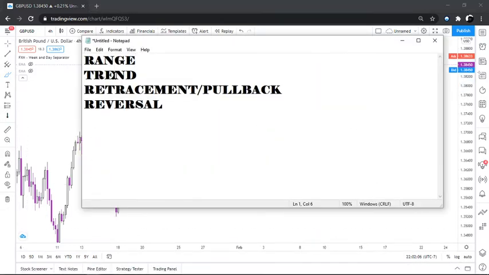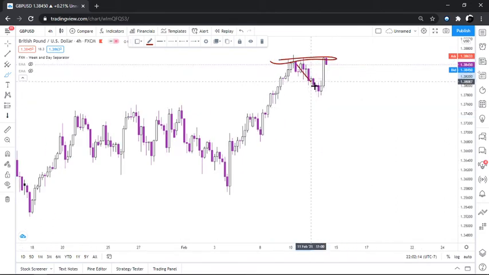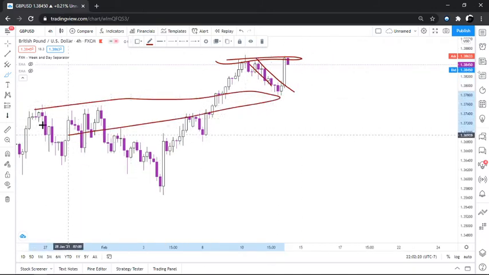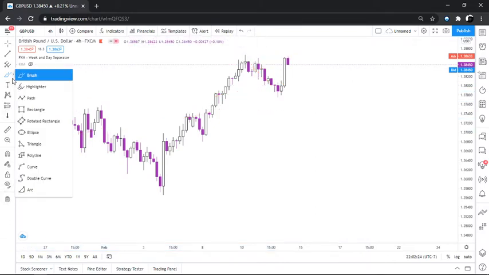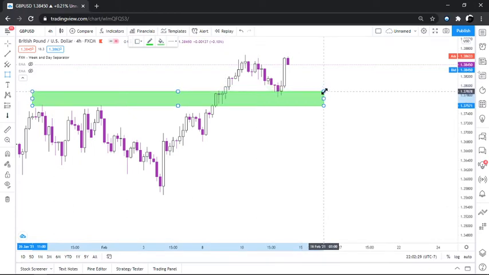So range, trend, retracement, reversal. I tried to call this a reversal. Not smart. What it really was in reality was a pullback to a sensitive price area here. You wait for confirmation.